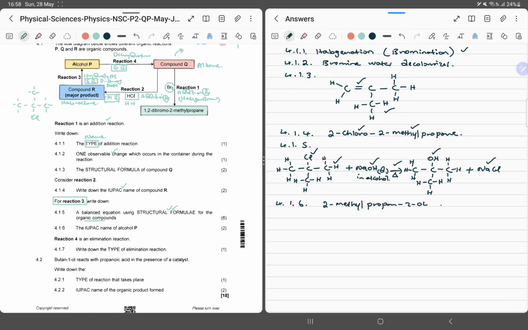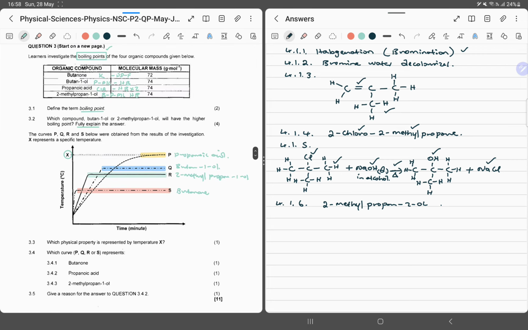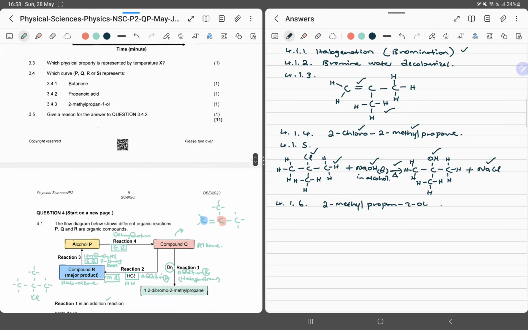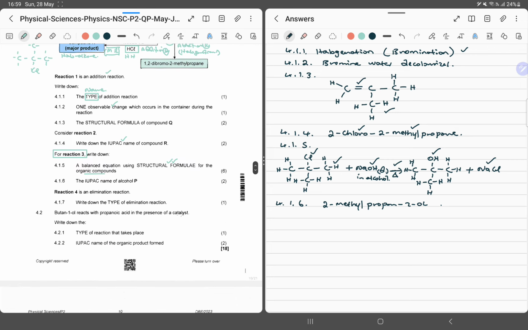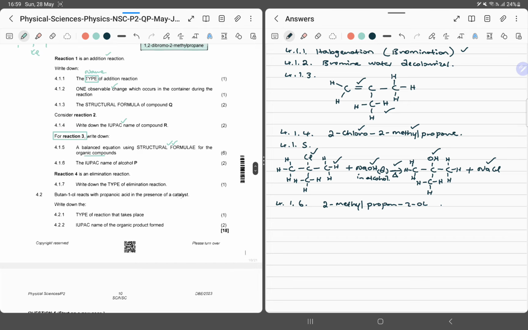All right, so this is 2-methyl propane 2-ol, almost like that previous one, which was 2-methyl propane 1-ol. So we're doing an isomer of that. Okay, that's fine. So it's a tertiary alcohol, essentially, this one. Great.